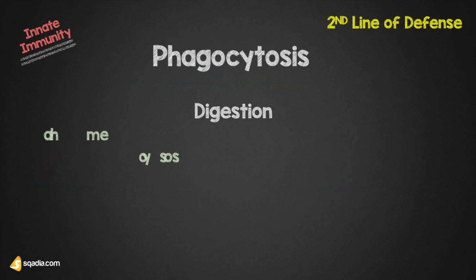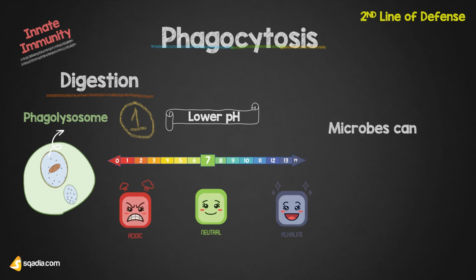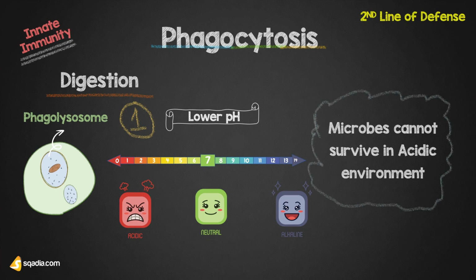Now we will talk about the third and last step of phagocytosis, which is the killing or digestion of microbes. After the formation of the phagolysosome, it can break down the microbe inside of itself by different mechanisms. Firstly, it drastically lowers the pH of its internal environment.